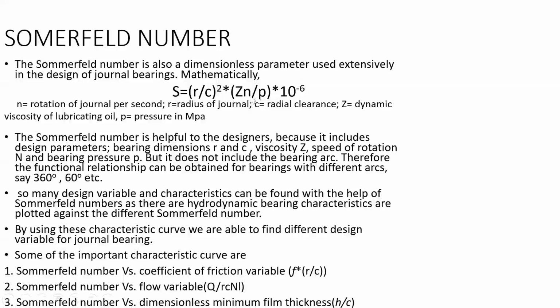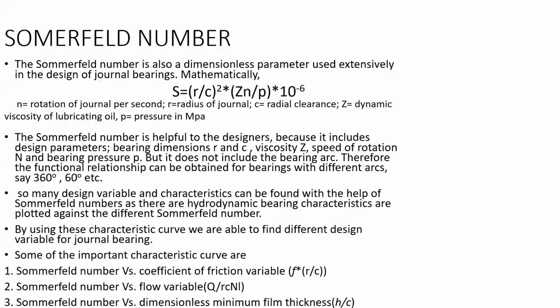Here we are taking the small n to make the Sommerfeld number dimensionless, so we have taken it as per second. And R is the radius of the journal, C is the radial clearance, Z is the dynamic viscosity of the lubricating oil, and P is the pressure.